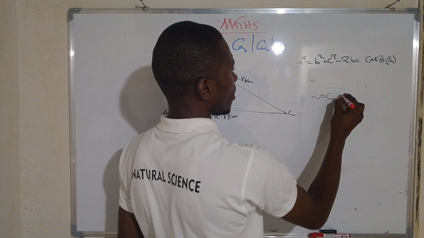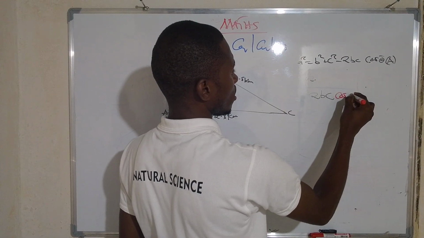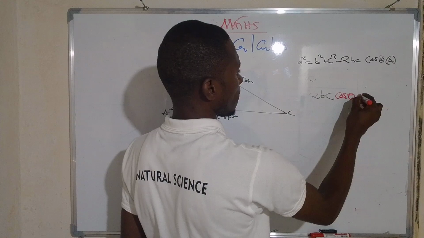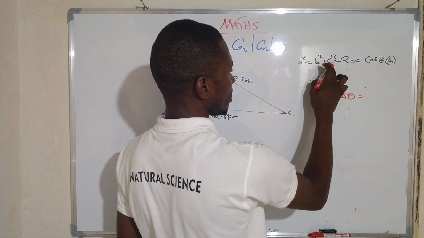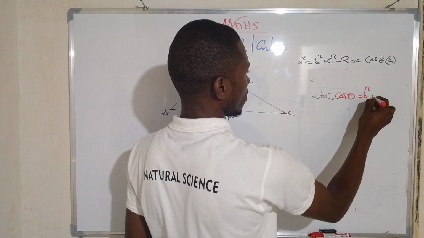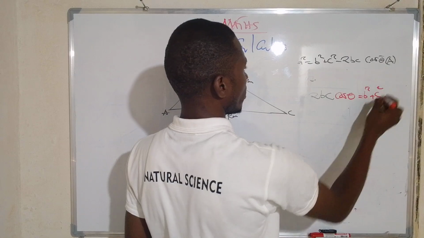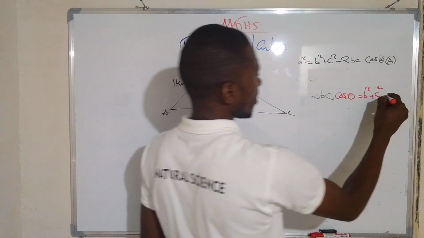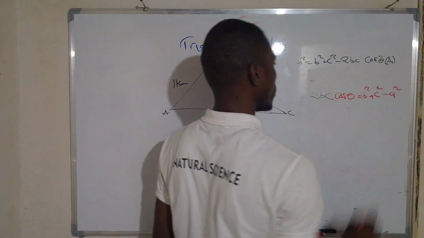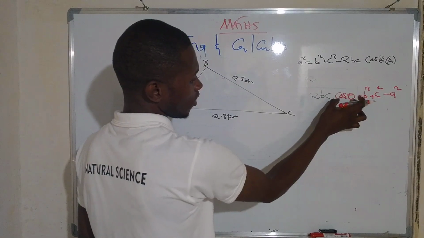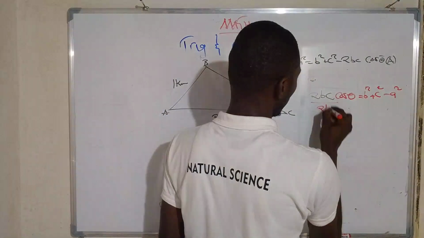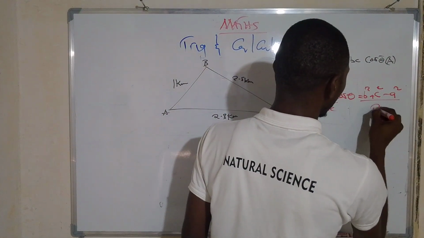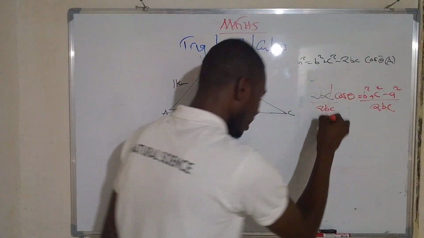So cos theta equals b squared plus c squared. Then this a squared will come to the other side. Then I want to remain with cos theta, so I will divide by 2bc. I'll also divide by 2bc, so I cancel these.